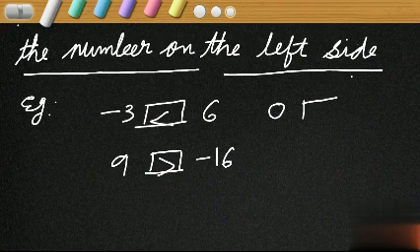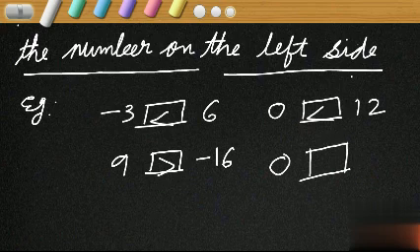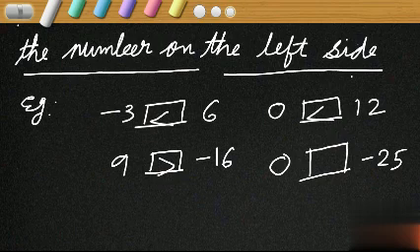Then what about next? 0 dash 12. Quite natural. We all know 0 is smaller. No explanation needed. And next, 0 dash -25. How can we answer this? Obviously, you may think 25 is greater than 0.